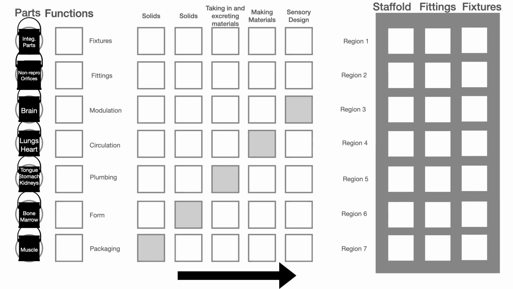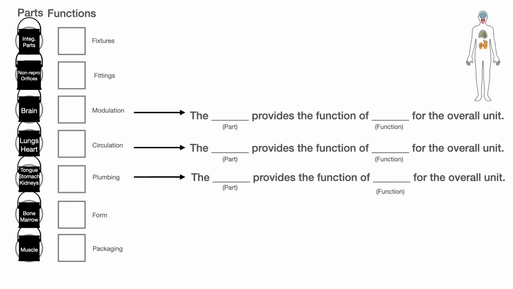Now I do have an optional 2-page worksheet. The first one is really going through and putting those parts alongside, in the template, and then doing the scaffold for the overall anatomical build and adding fittings and fixtures. And you can fill it out if you like.